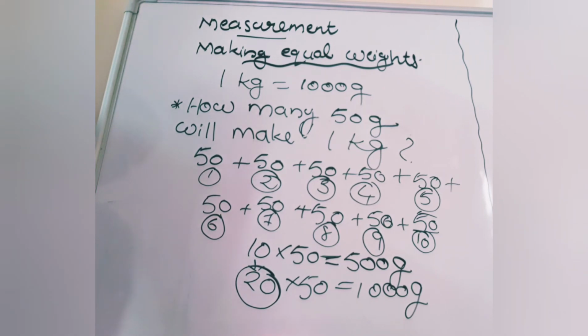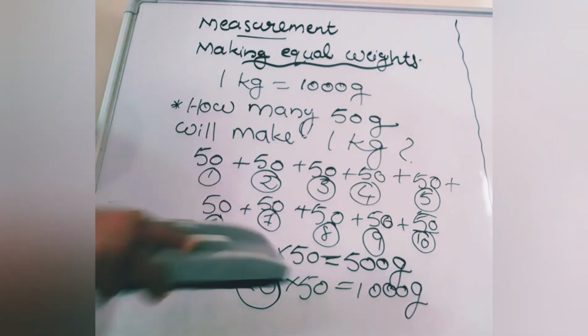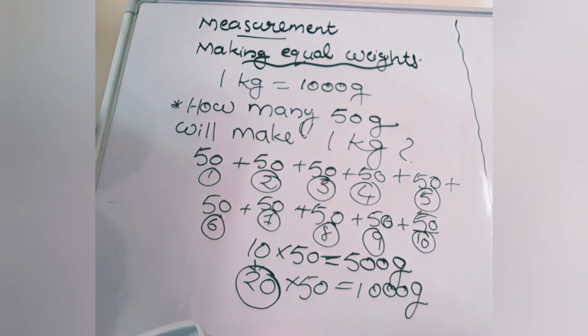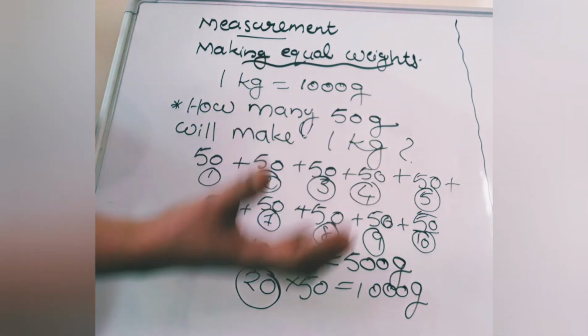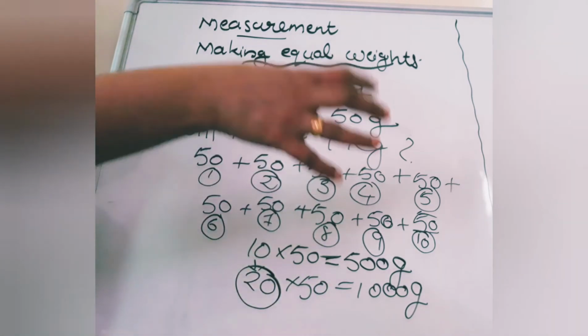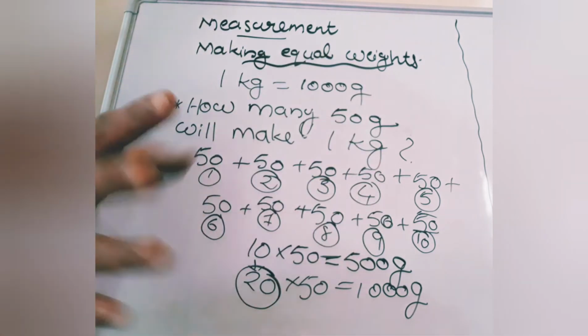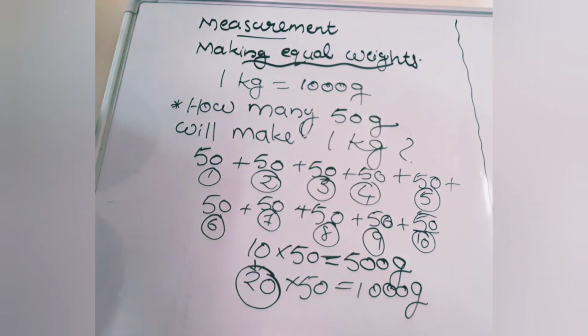This is not very easy. You have to write and practice. And also, this is how they are used in shops when we see. Normally when we go to shops in India and we tell the shopkeeper to measure something, take 1 kilo potato, how is he measuring 1 kilo? If a 1 kilo weight is not there with him, he will put potatoes in one pan of the weighing balance, and in the other pan he will put the weights.